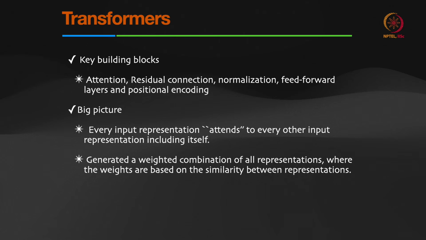To build this processing, the paper put together attention, along with other aspects like residual connection, normalization, feed forward layers, and positional encoding. I will touch upon most of these briefly, but even when the paper proposed it, attention was the new kid on the block, the largely unknown aspect that this paper brought to the field.